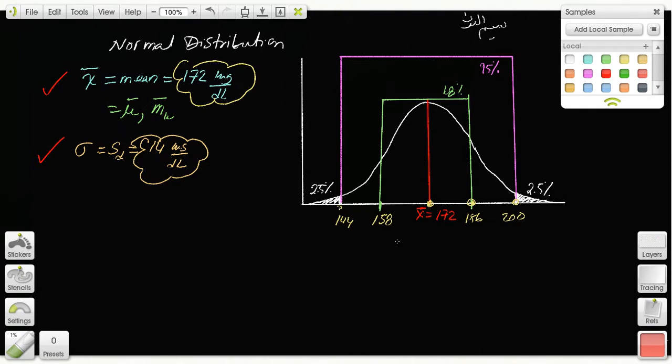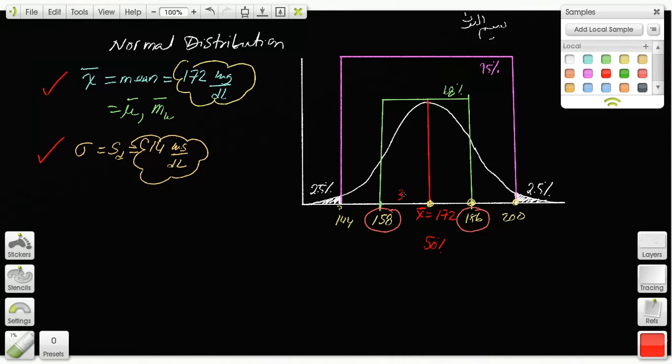Now the question is about what percent of the women have readings between 158 and 186. Now when we did this, we said this is smack in the middle, the 50th percentile.